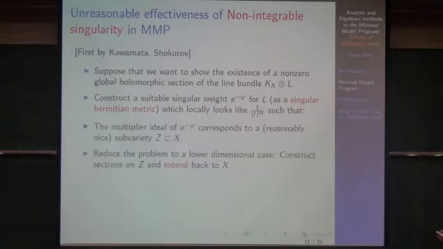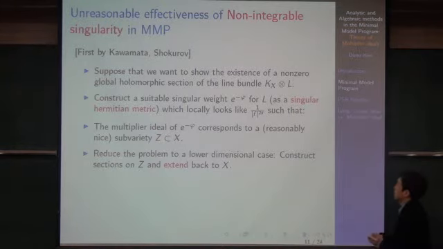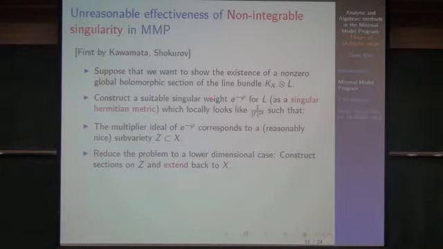Once you have this singular weight, you want it to have non-trivial multiplier ideal, and for convenience, suppose that this multiplier ideal corresponds not to an arbitrary subscheme, but to a nice subvariety Z. You can assume Z is smooth. In this case, you can reduce the problem of constructing holomorphic sections to the lower dimensional case.